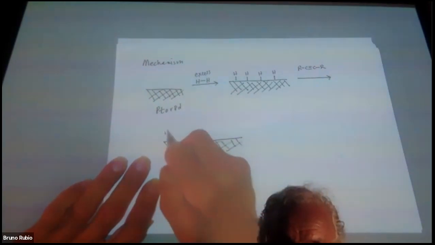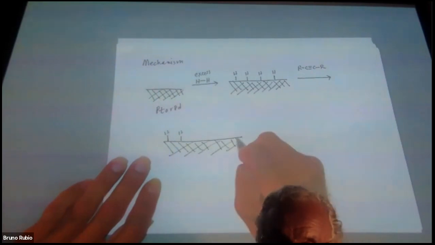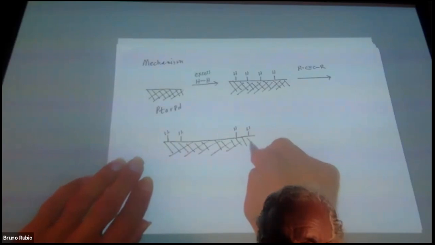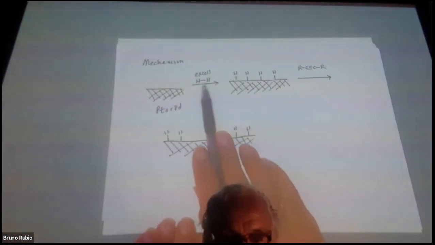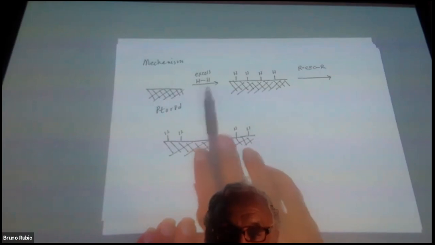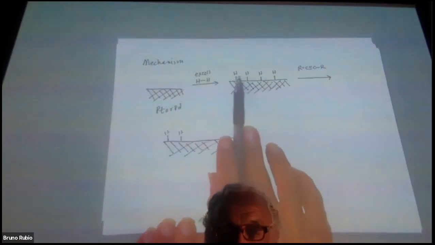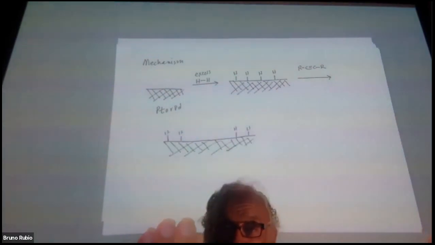There's a bunch of hydrogen stuck to the surface of the catalyst. And now, see, this hydrogen, it was a single bond. And that single bond between these two hydrogens got taken down to a nothing bond. The hydrogens aren't bonded to each other anymore.